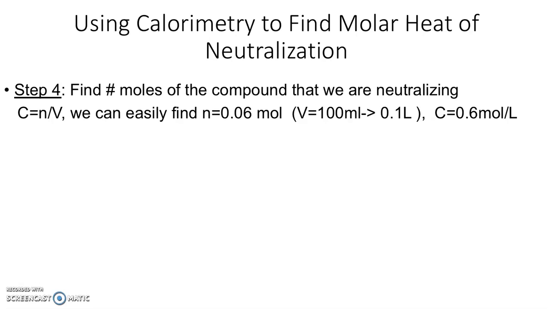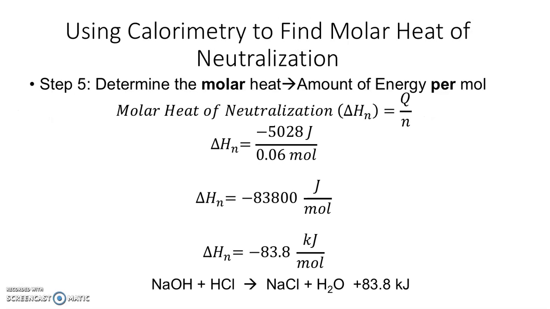So you can again do the ratio for yourself to figure out the energy that's released for 1 mole, or you could just go with the formula here. Both do the exact same job. So you do the math, and you'll see that you get about, again, negative 83,800 joules per mole.